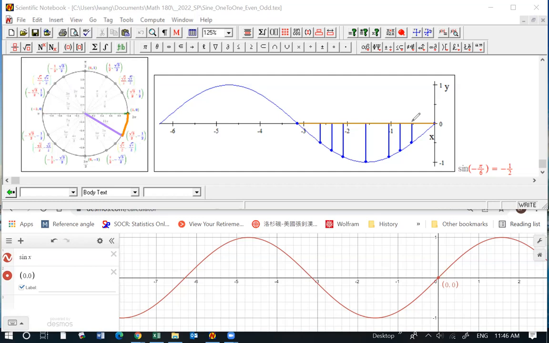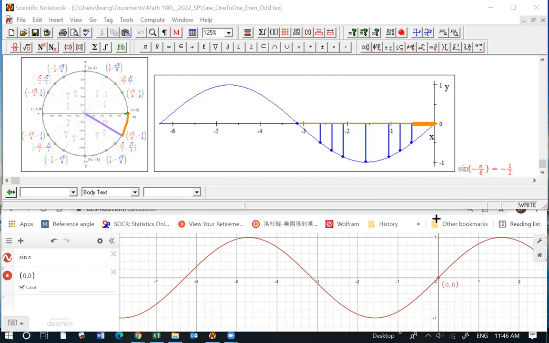So this piece is negative pi over 6. And the ratio is a blue number, negative half. So the arc length or the radian angle has the same value as the arc length on the unit circle.